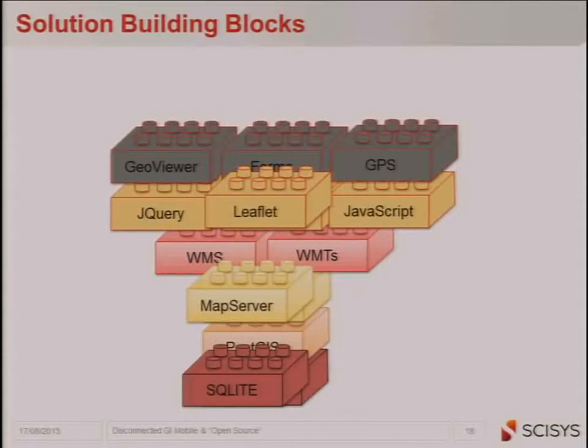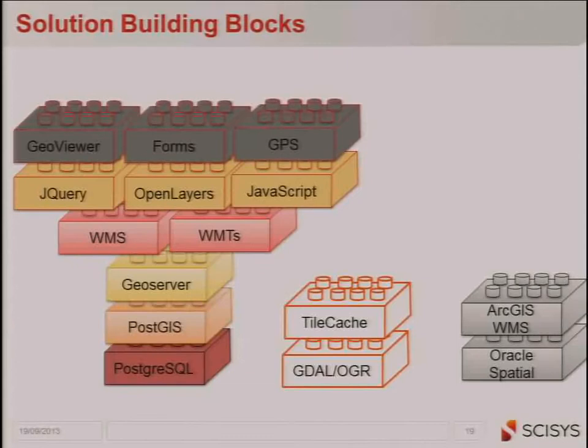But we also needed to make it simple for the end user to upgrade the base mapping as well as their business data. With a simple click, they needed to have the data downloaded and dispatched. That was enabled with the likes of tile cache to generate the base mapping.